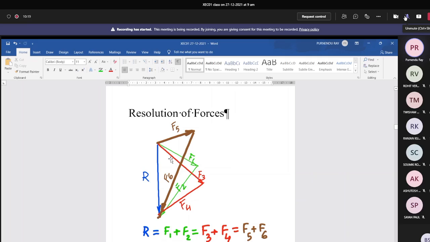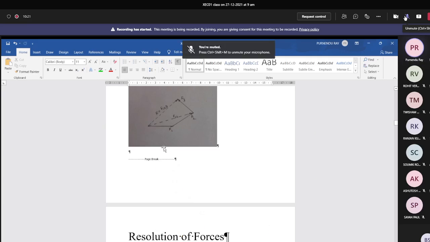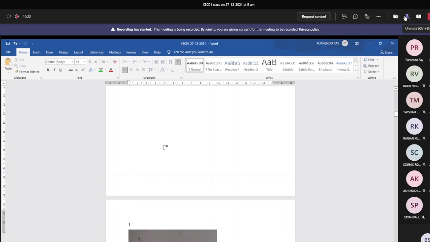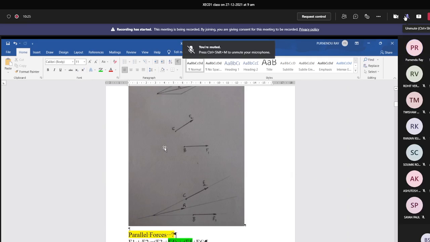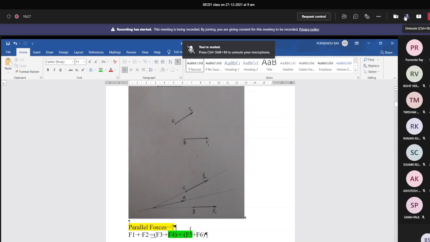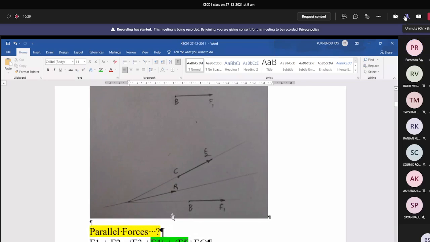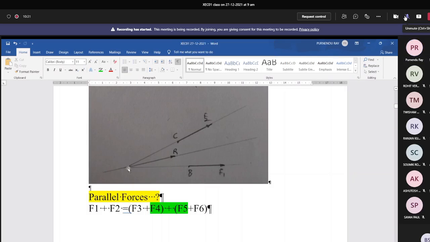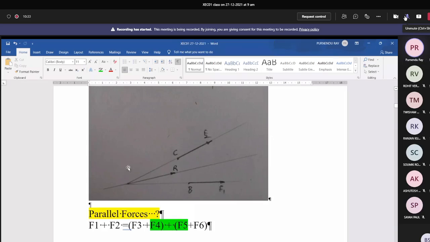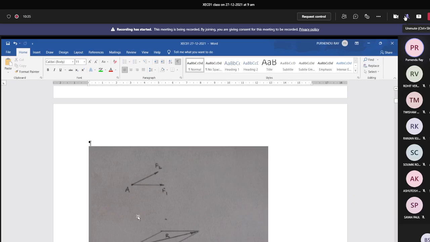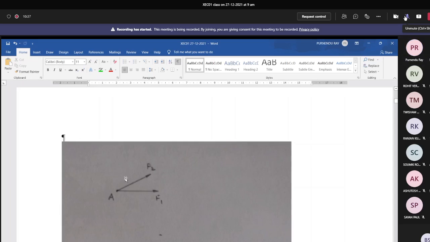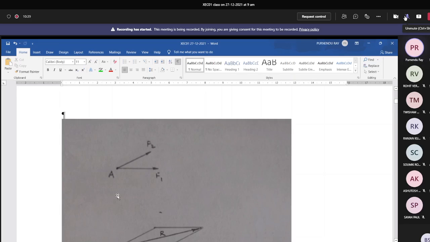Now, if you consider this force system, or maybe this concurrent force system here directly, if three forces are there, one is F1, other is F2, not according to those green line directions.